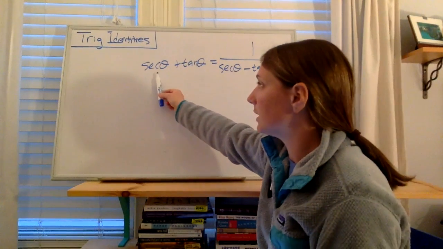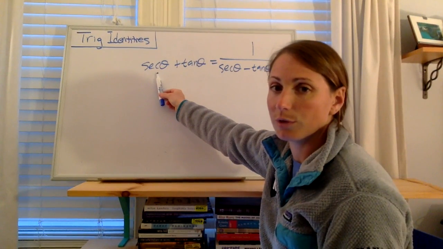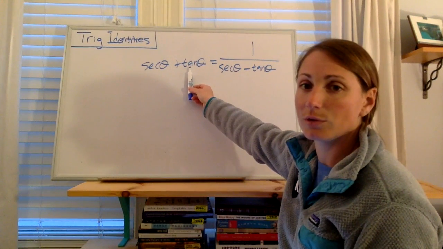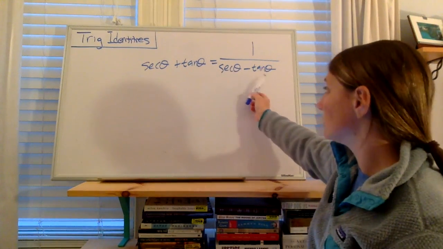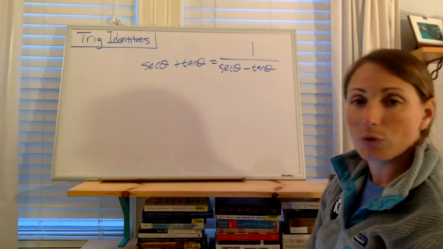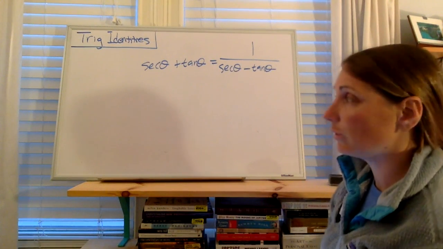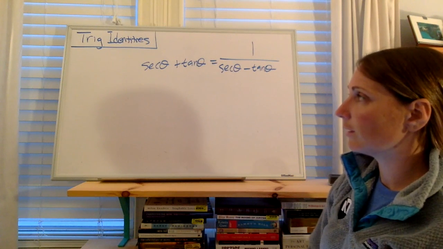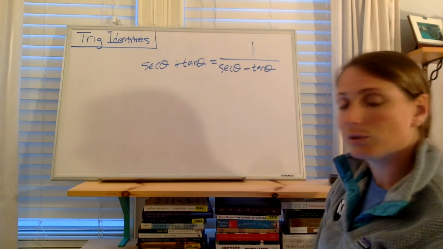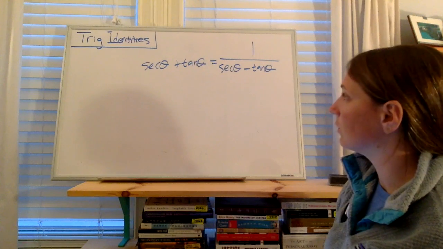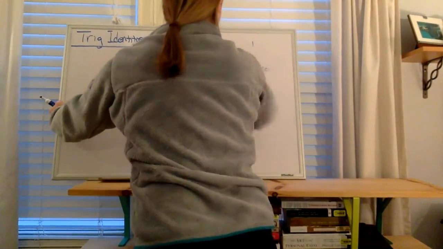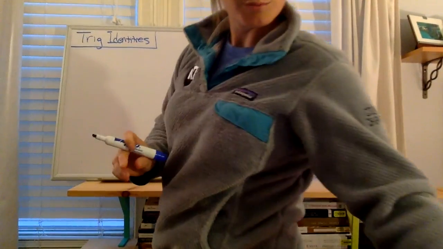You might take secant and express it as 1 over cosine. You might take tangent and express it as sine over cosine. You might do the same thing on the right side. So it isn't immediately obvious what you would do, and for this one, you might try several things and still get stuck. So here's one trick that you can do. Actually, I'm going to have to rewrite this so it's a little bit more centered. Need a little bit more space on this one.